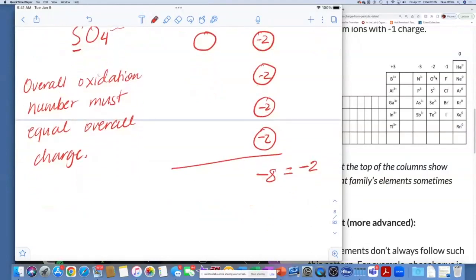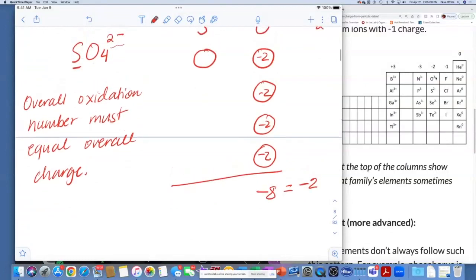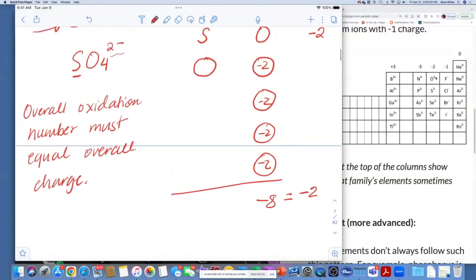Now here you can approach it so many different ways. You can do it mathematically, you can do it visually, whatever works. Let me do the visual first and finish this story here. So since sulfur has to adapt to oxygen, oxygen brings in -8, sulfur has to bring in +6. So the total is -2, right? So this would be +6.